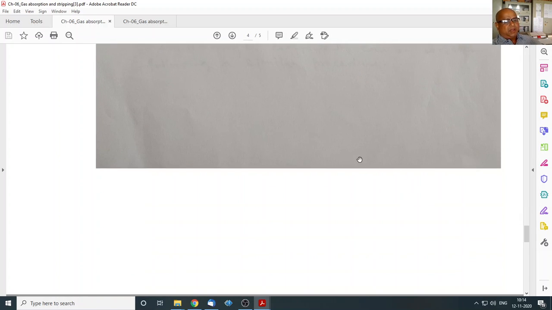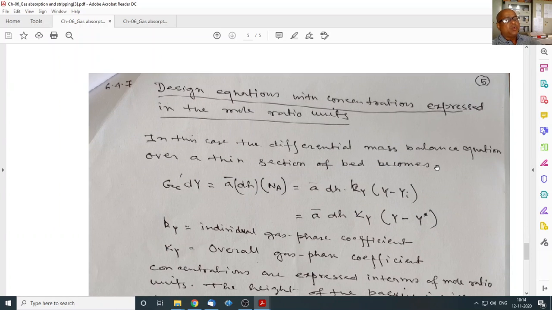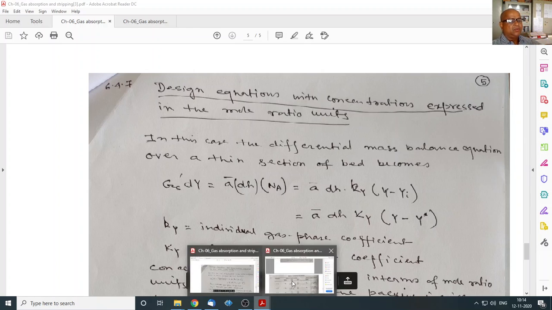So now I want to see the design equation with concentration expressed in mole ratio. So far what we have calculated is based on the mole fraction. Now we will see, if I take the mole ratio, how the equation will be simplified.